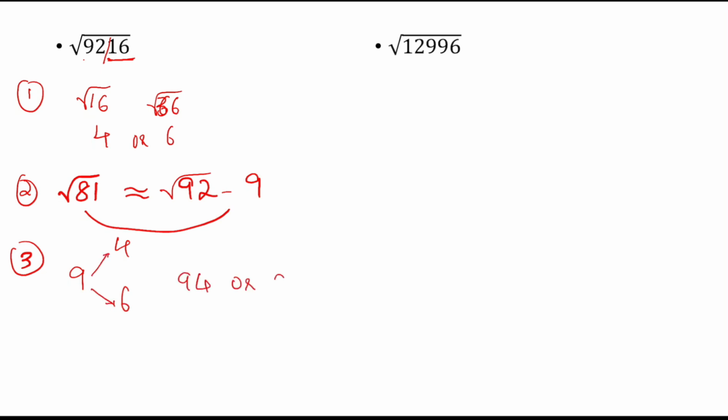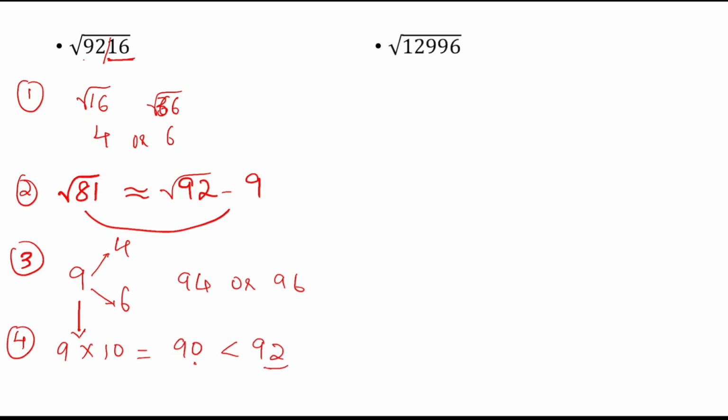94 or 96. So how will we know that? Multiply 9 with its next number, that is 9 into 10, which is equal to 90. Okay, now compare 90 with 92. So 92 is greater than 90.